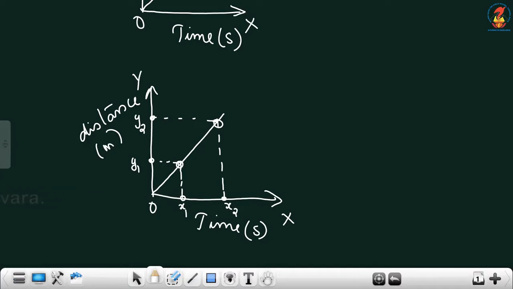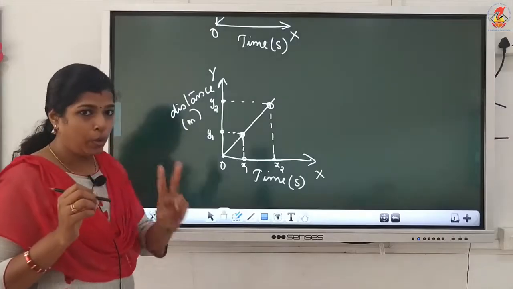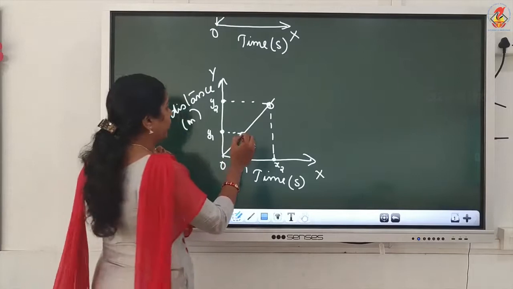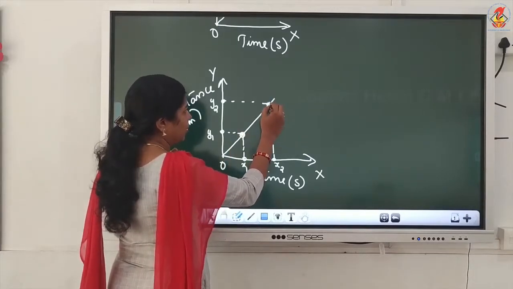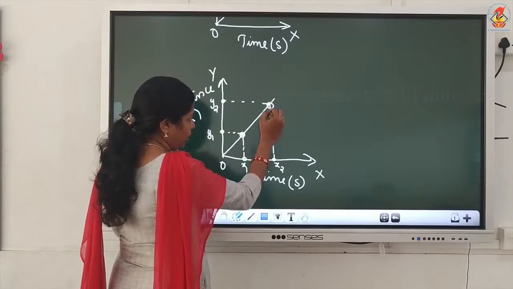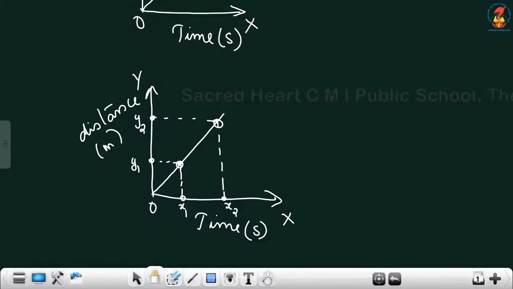Okay. So first I draw the graph, then I consider 2 points, 1 point here and 1 point here. Now I mark the x coordinates of these points: this one x1, this one x2.